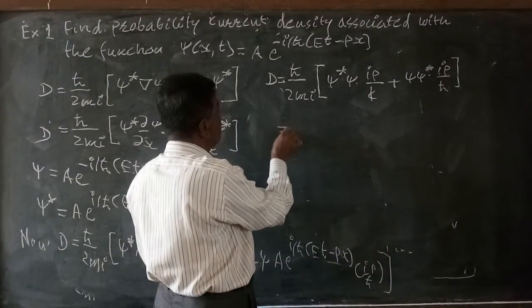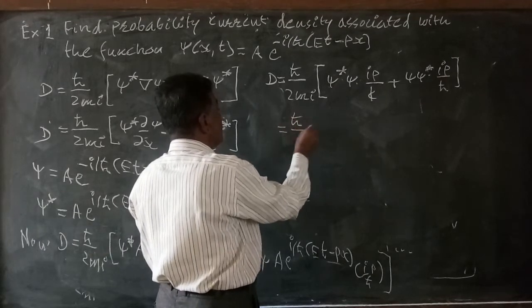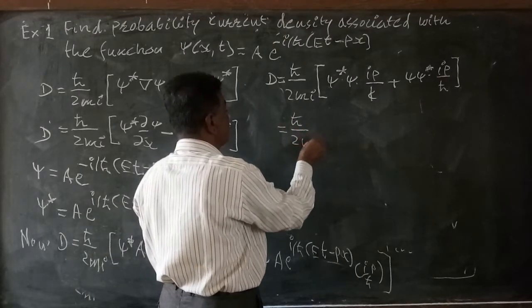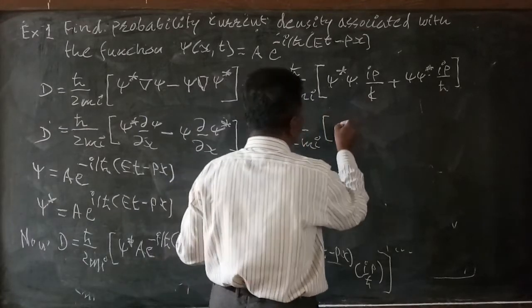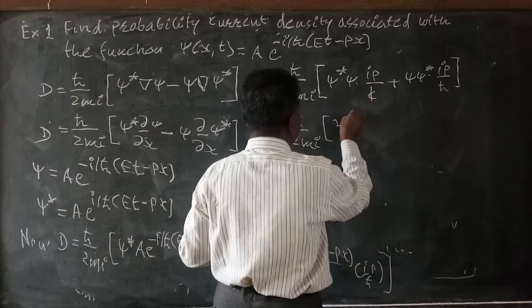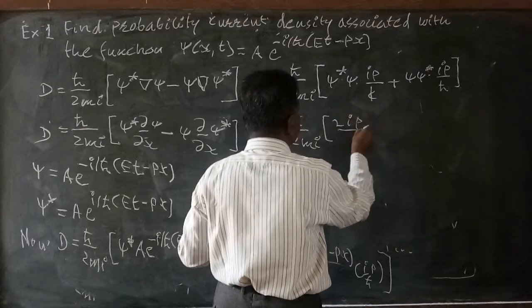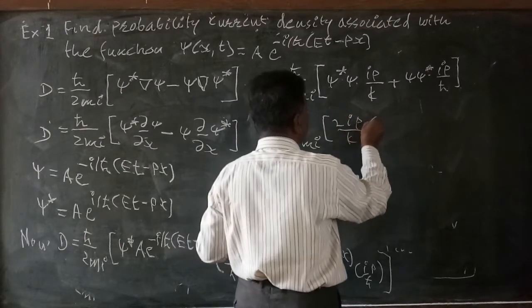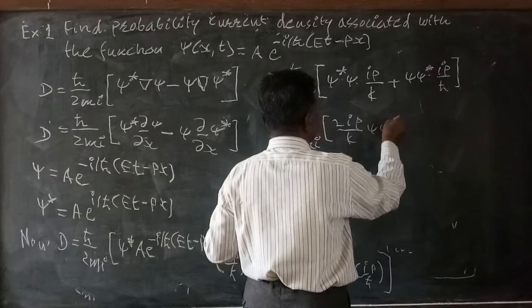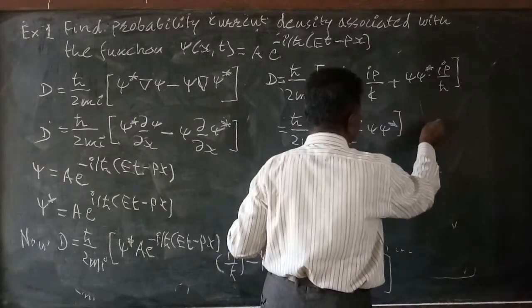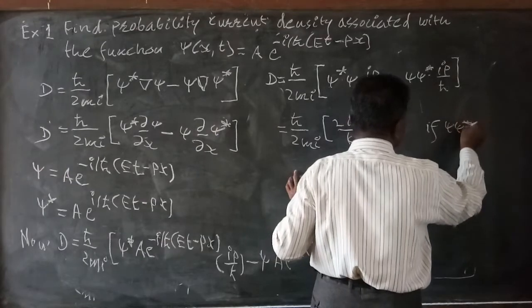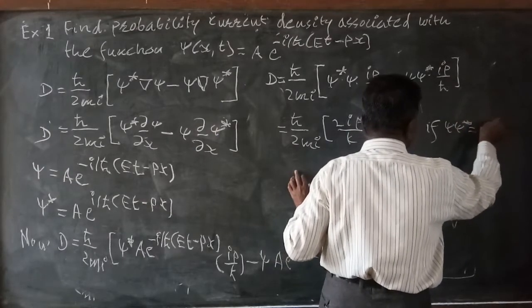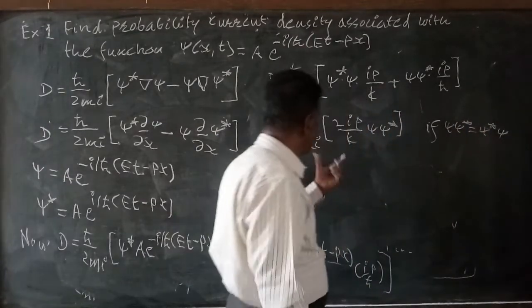So this will be equal to h cross divided by twice m i in bracket 2 times. Again you have to observe 2 times ip divided by h cut into psi star. Here also if psi star and psi are interchanged, then we can write like this.